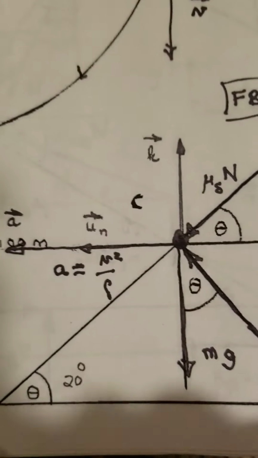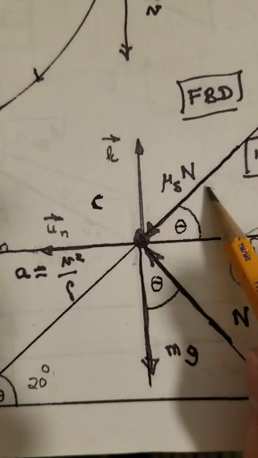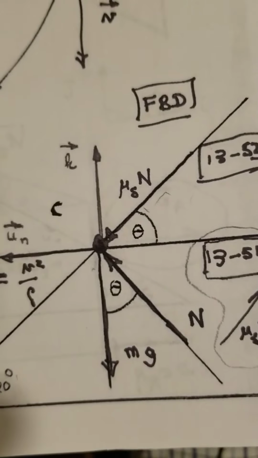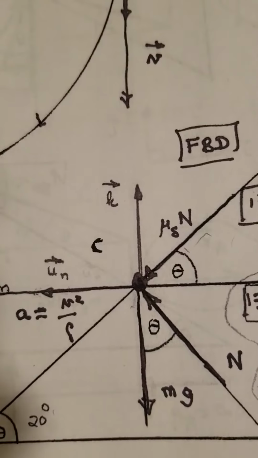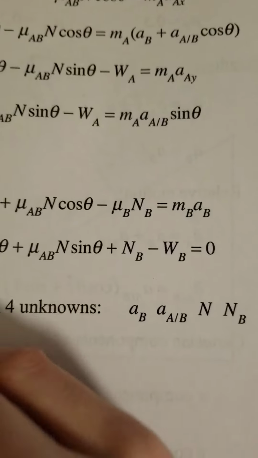And so this angle is equivalent to this angle, which is equivalent to this angle. And so by this diagram, you can see that friction will be acting into the center of the circle and downwards. So going all the way back into the center of the circle and downwards.